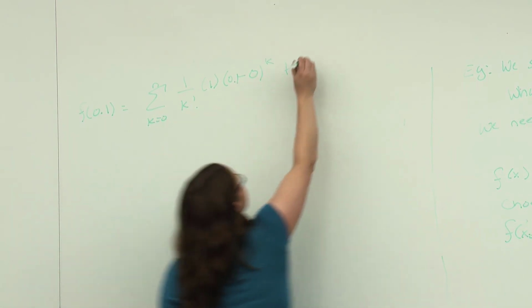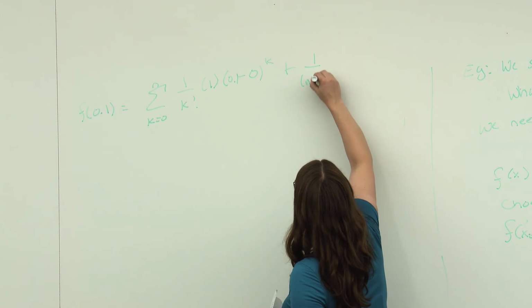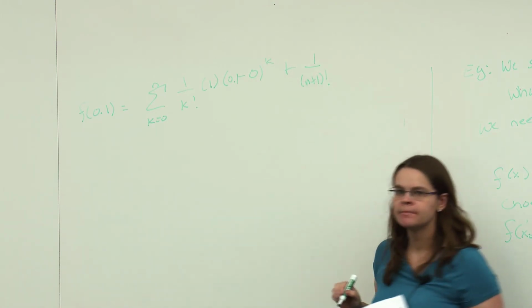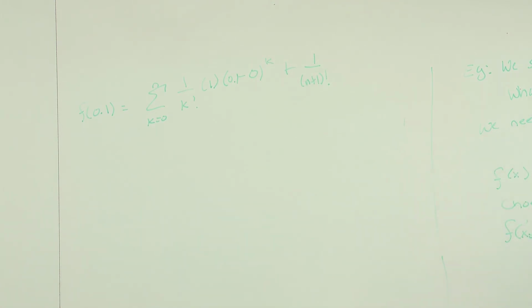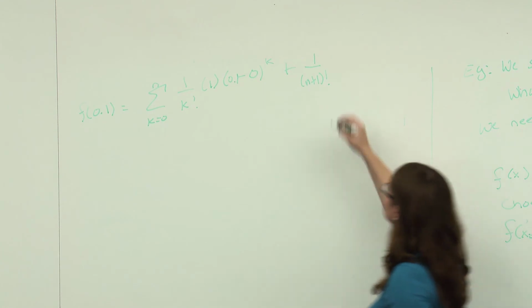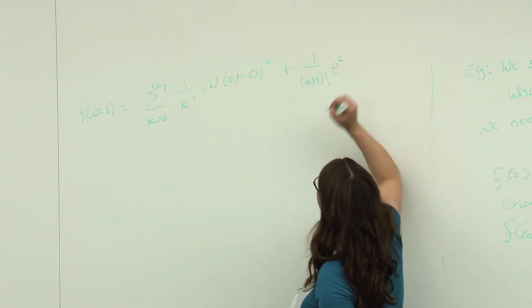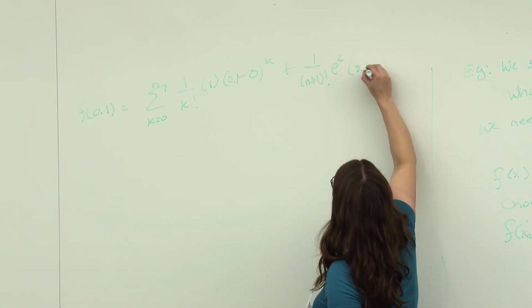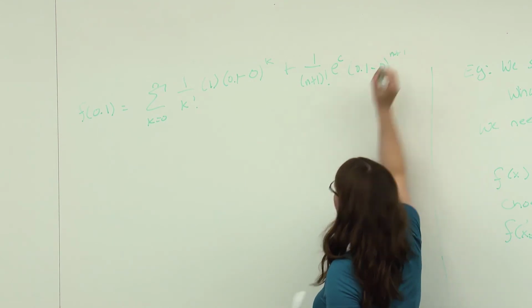So our error term is going to look like 1 over n plus 1 factorial times the n plus first derivative. The n plus first derivative still looks like e to the x. Now we don't get to plug in 0 anymore. Now we have to plug in this unknown point, c. So e to the c times 0.1 minus 0 to the n plus 1.